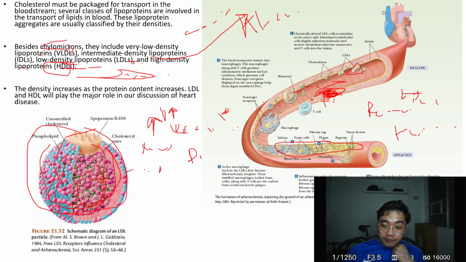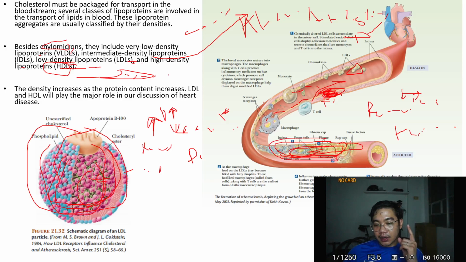So if there is free calcium here, it will tend to bind to the free fat there, making the deposition of cholesterol and fat very hard. So that's what we call atherosclerotic. Athero, blood vessel. Sclerotic, meaning hard. Plaque, meaning it's just a plaque.